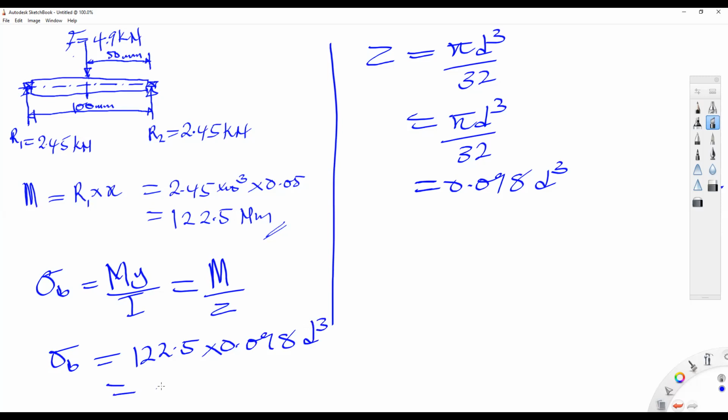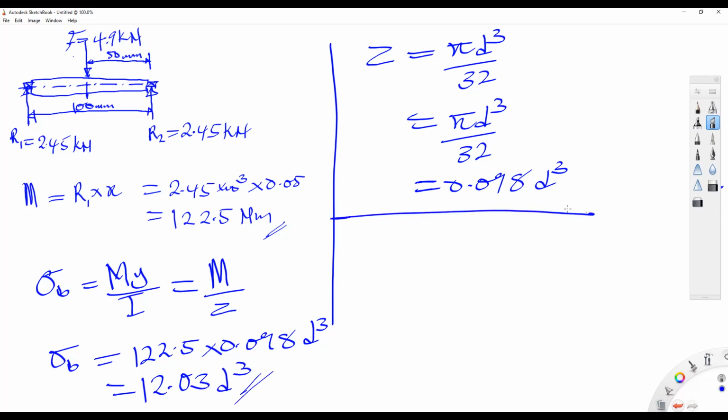When you compute this, what do you get? 12.05. 12.03. Yes, d cubed. But this is what we are looking for.